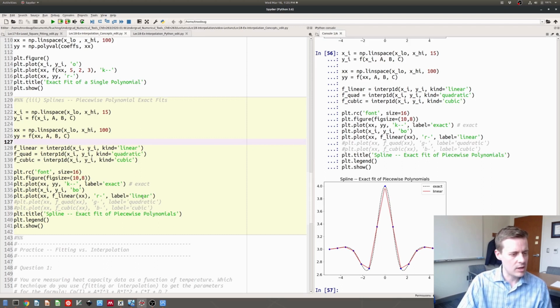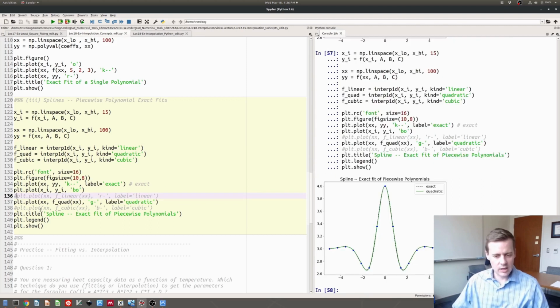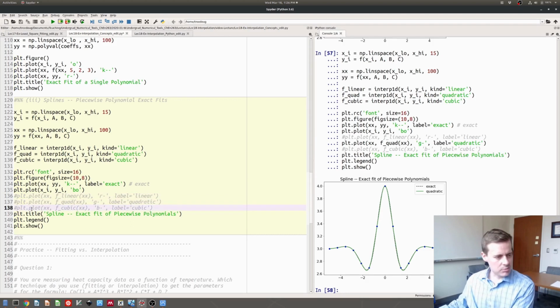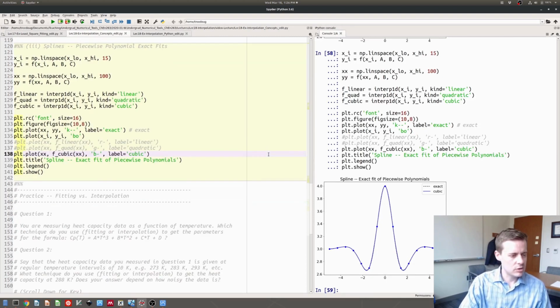That's all I can know about that. So you notice this is linear. I can change the order of interpolation here and make it quadratic, for instance. And you see that quadratic does a better job of getting the smooth curves. And I can even bump that up to cubic, and what we're going to learn next is how to do this. All right? And you can see cubic does a great job of fitting that function.